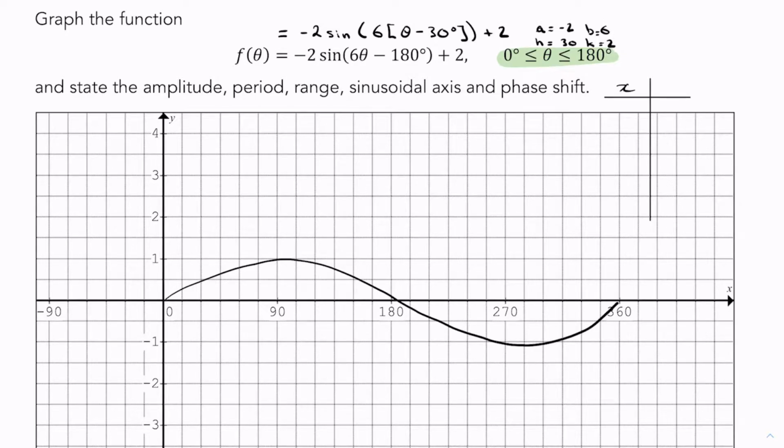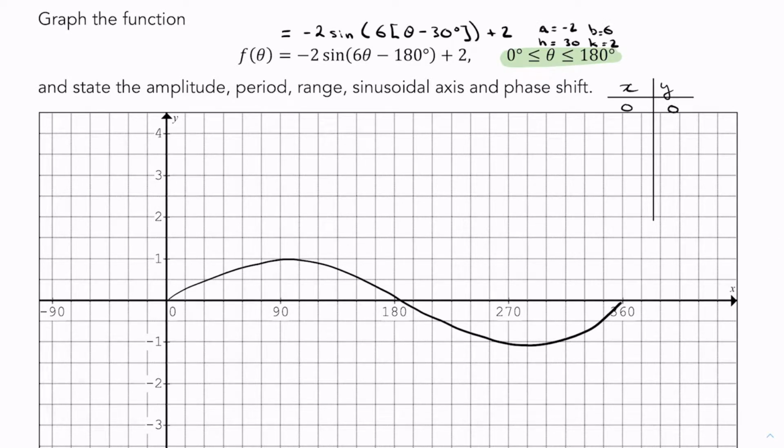So we have our x, and we have our y. Remember, our base table is going to be 0, 0, 90, 1, 180, 0, 270, -1, 360, and 0. And I'll just shrink this, put it over to the side.